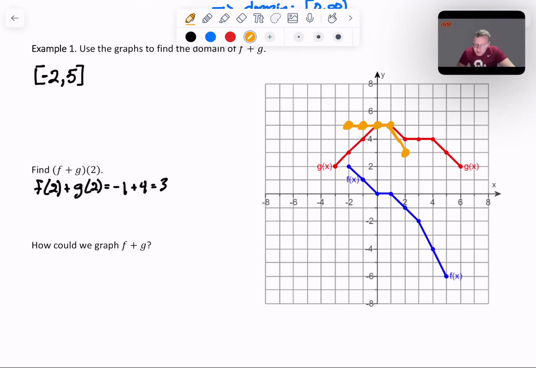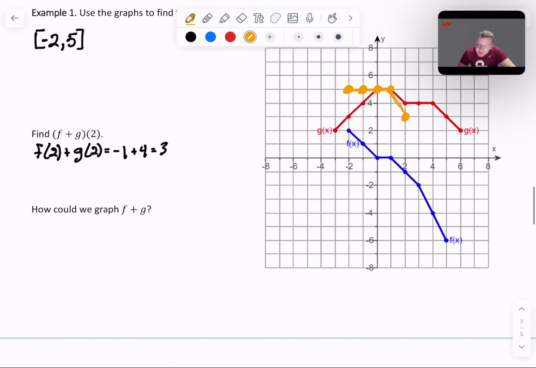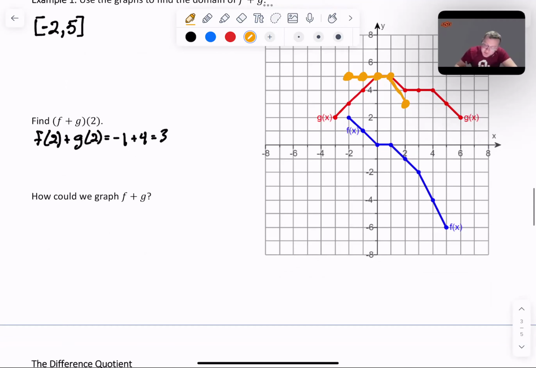And now let's look at when x is 3. When x is 3, f is -2, and g is still 4. So when I take -2 and add 4, that's 2. When I get to x is 4, f of x is -4, g of x is 4, so -4 plus 4 is 0.